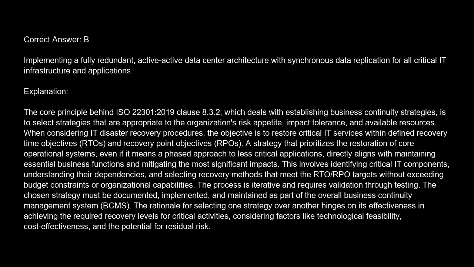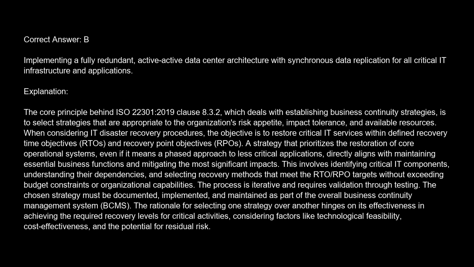When considering IT disaster recovery procedures, the objective is to restore critical IT services within defined recovery time objectives, RTO, and recovery point objectives, RPO. A strategy that prioritizes the restoration of core operational systems, even if it means a phased approach to less critical applications, directly aligns with maintaining essential business functions and mitigating the most significant impacts.